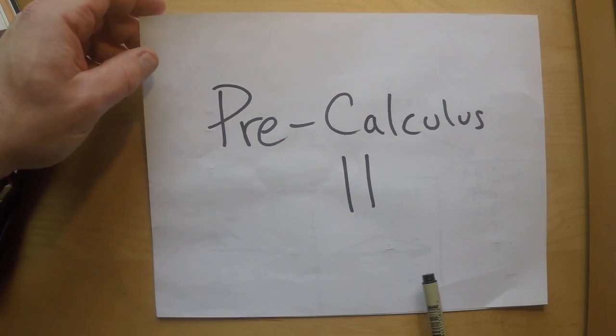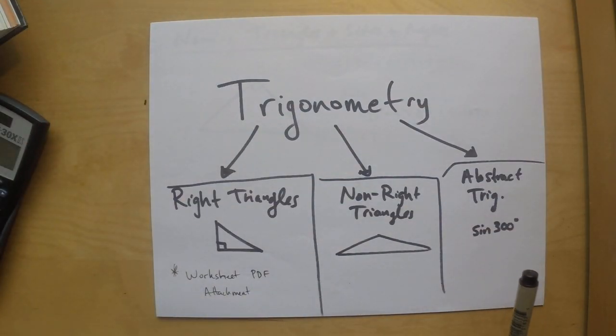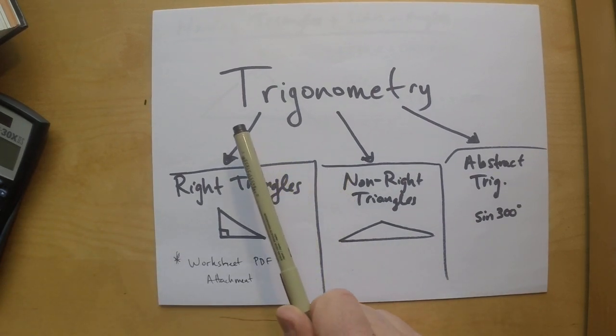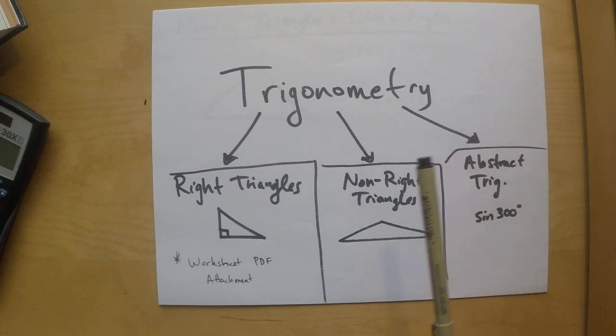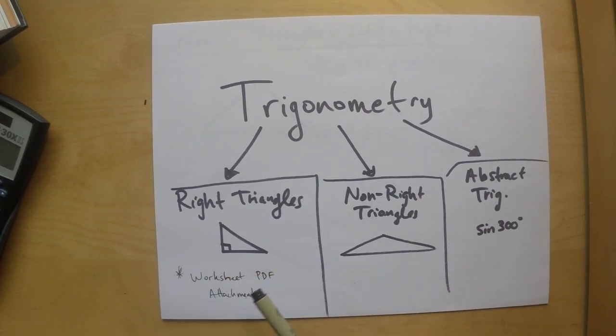So here's an overview of what Pre-Calc 11 trig is about. Trigonometry basically is a study of angles, and that specifically gets into triangles. In grade 10, you did right triangles, and we're going to talk about those today, and there'll be a practice sheet that goes with it.